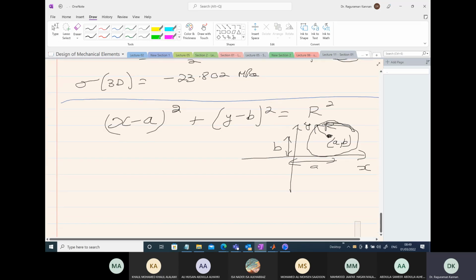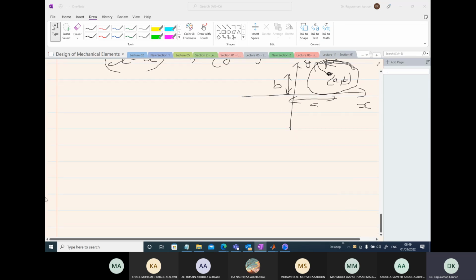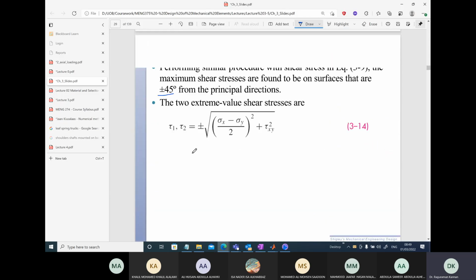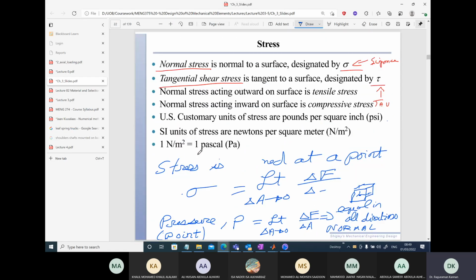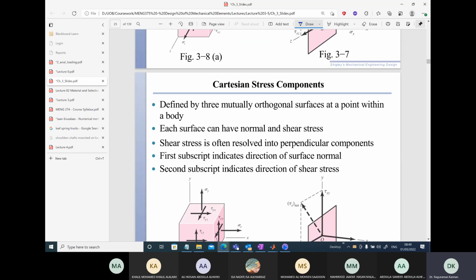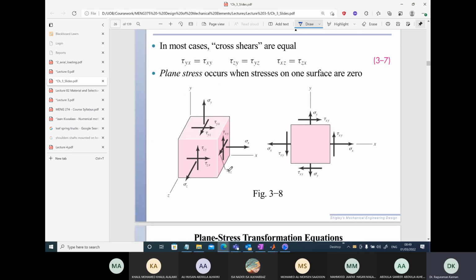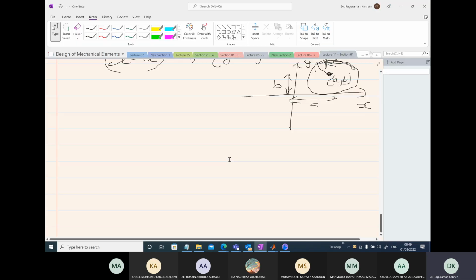Now I'm going to consider the two equations which we have seen before and rewrite them. What are the equations? Let's go back for a second. Sorry for this. Yes, so these are equations 3.8 and 3.9. I'm going to take this term to the left hand side and write it.